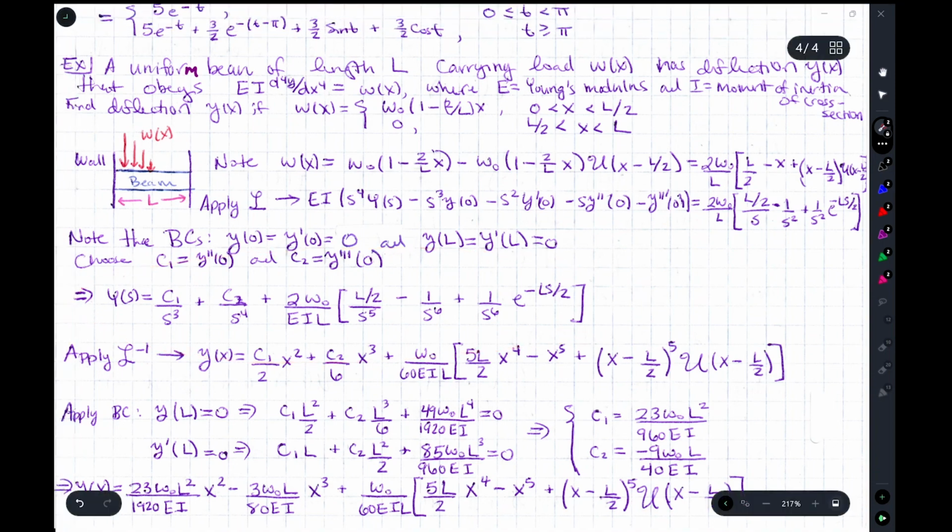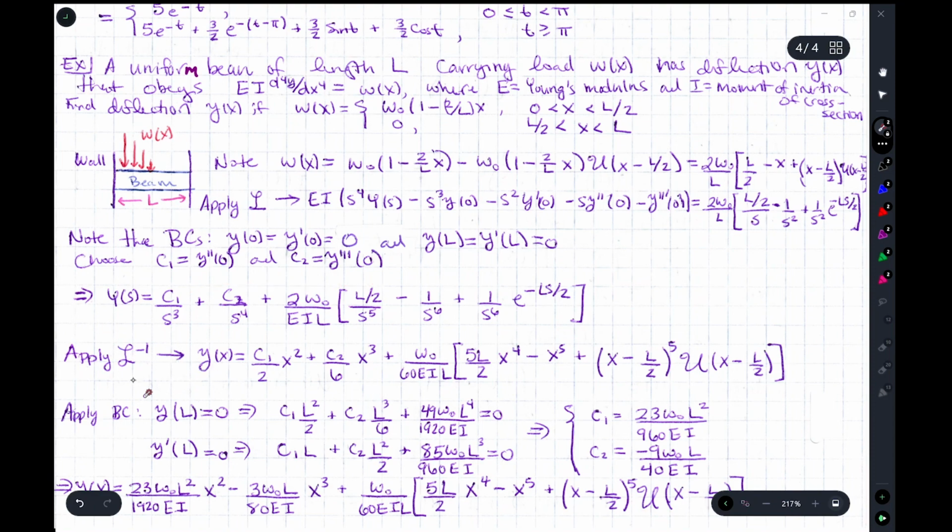And then we apply the inverse Laplace transform, okay? And when we did the Laplace transform, this was 0, this is 0 by this boundary condition. We still have not used this boundary condition, all right? And we set the second derivative and third derivative at 0 here to C1 and C2.